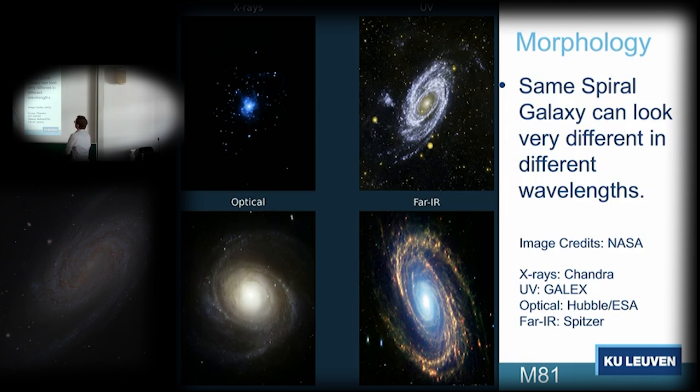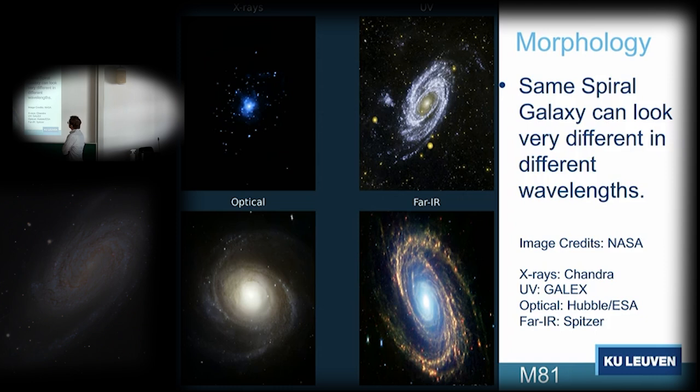Here you see 4 different views: X-rays, ultraviolet, optical, far infrared. And in the X-rays, you don't really see it, of course. That's the hot gas, in this case likely coming from outflows close to the galactic center.